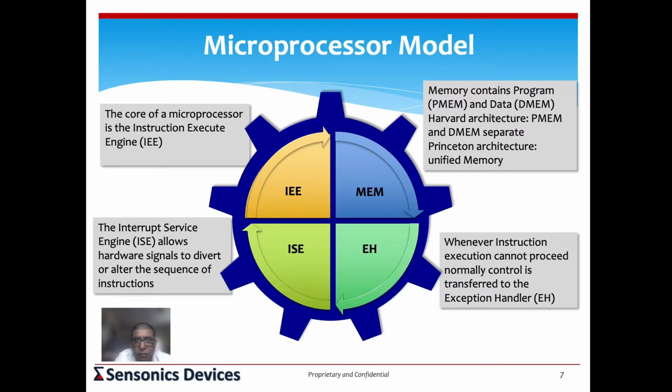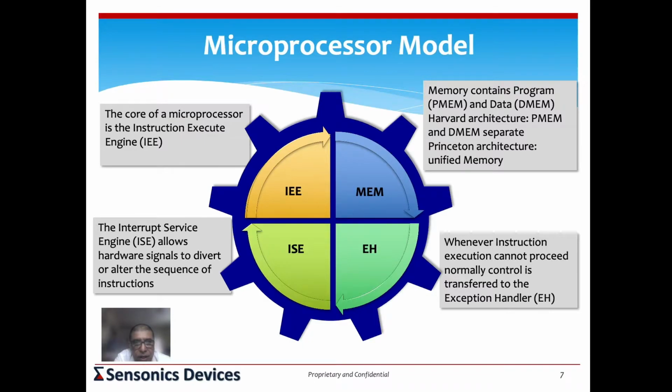Before proceeding any further, let's scope out the areas we will not cover in today's talk. So for that, I thought I'd share with you my perception of a high-level microprocessor model. A microprocessor comprises four essential elements. The first piece is the instruction execute engine that executes all the instructions.